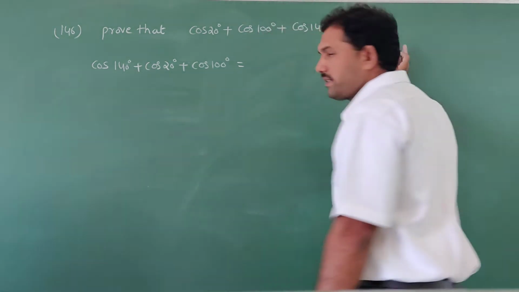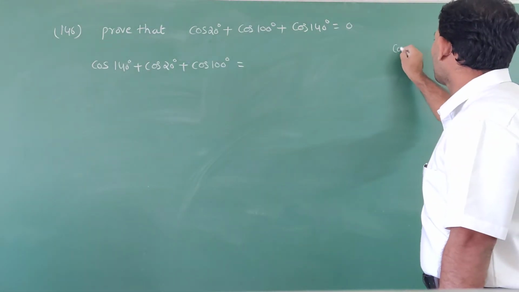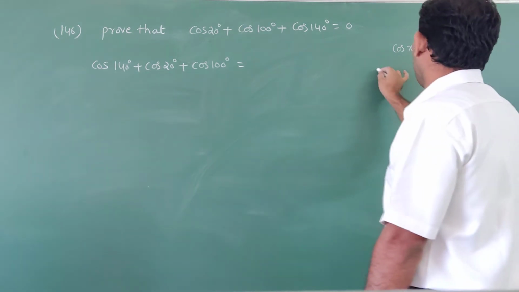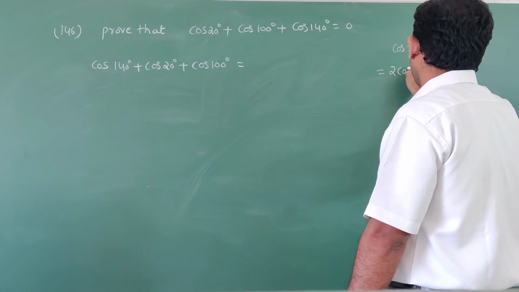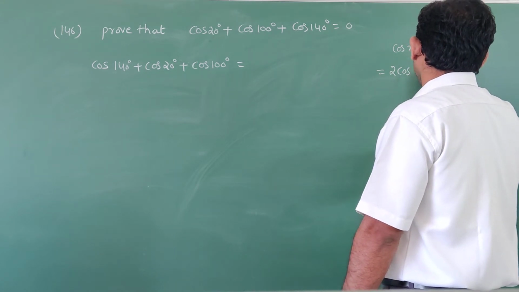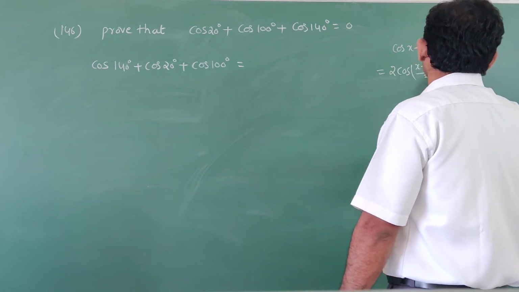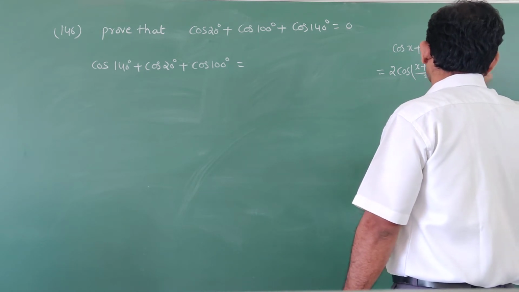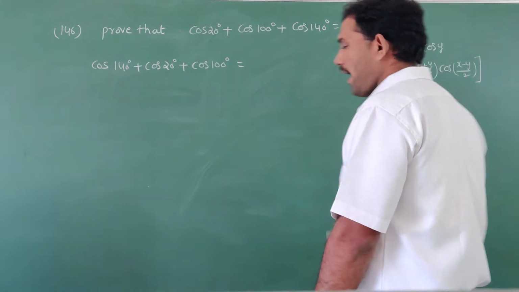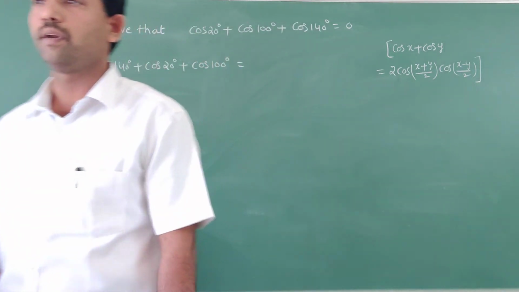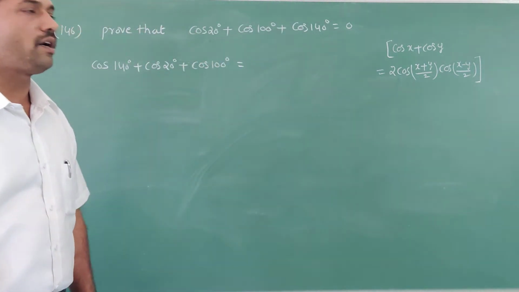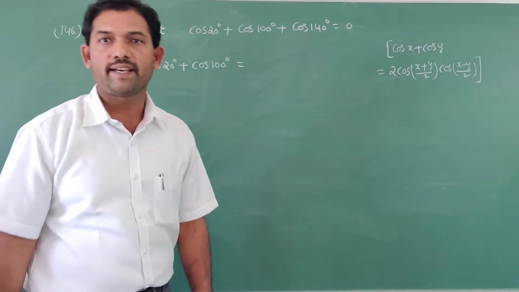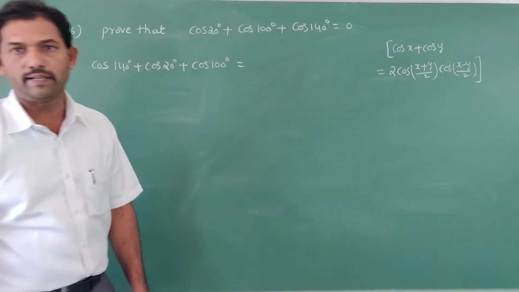Beside it I will write the formula. Cos x plus cos y is equal to 2 cos of (x plus y) divided by 2, cos of (x minus y) divided by 2.